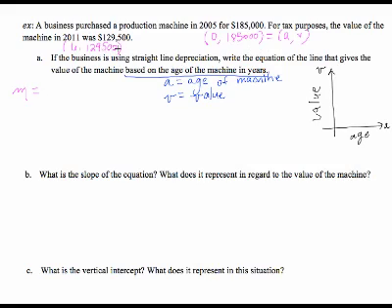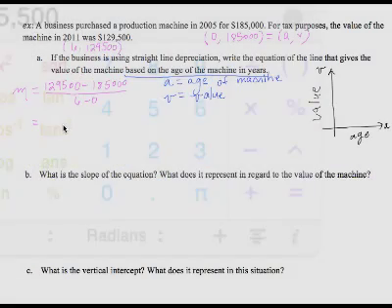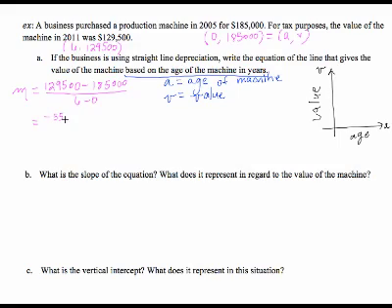So let's compute the slope using those 2 points. I'll use this as my y2, y1, and that as my x2, x1. So y2 is 129,500 minus 185,000, over 6 minus 0. 129,500 minus 185,000 is negative 55,500, divided by 6.